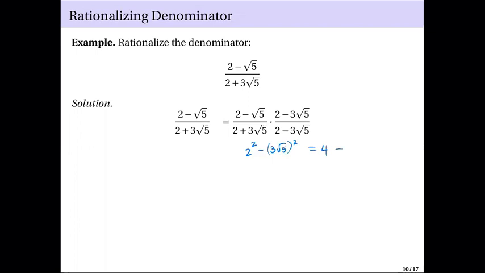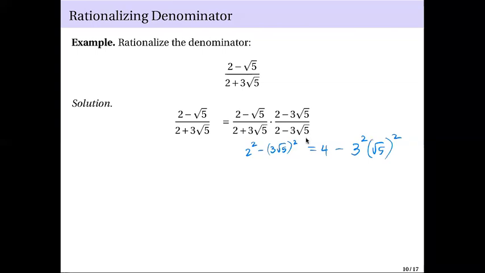Then minus, in here you have 3 squared times square root of 5 squared. But 3 squared, that's 9. And of course, square root of 5 squared, that's 5. So that's for your denominator.